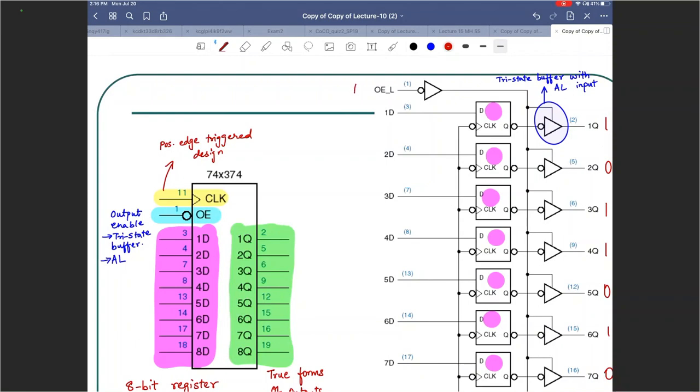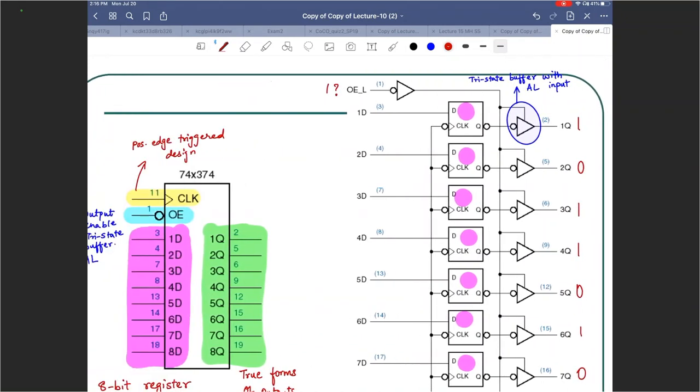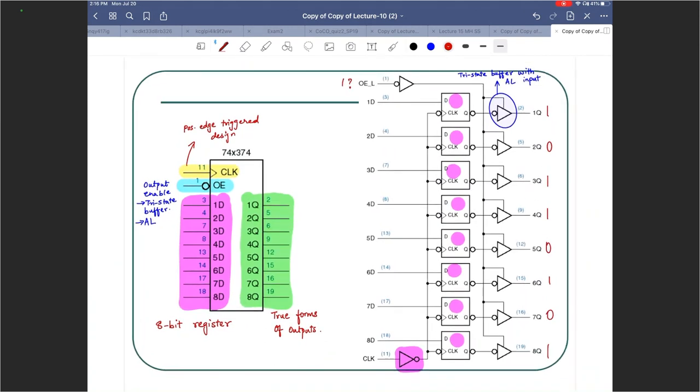If I want this at the output, the question is, can I get that done with this? Let us try to see what happens if I connect OE_L, output enable, pin number 1, to a high, plus 5 volts. Well, if I connect that to high, this guy will be 0 because that is 1.